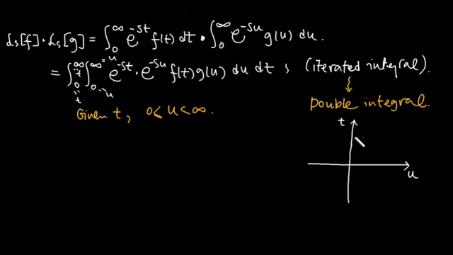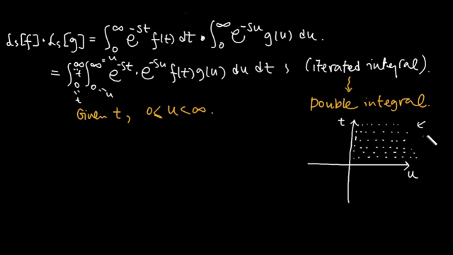So given t, u can be anywhere between 0 and infinity, but all greater than 0. So all the points of u and t they're covering is this first quadrant. So I'm going to put some dots in there. Rather than putting a lot of shades, like slash symbols, I just put some dots to indicate that this is the region. We're taking the double integral over this first quadrant, which is an infinite region.